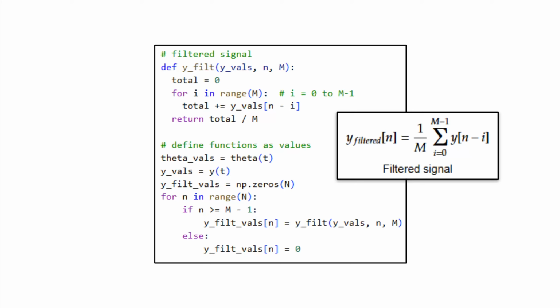If that value is negative, it's going to return an error because you can't have the negative sample of something. You can't have the negative second sample, can't have the negative third sample. That's not a thing. You can only have the first, second, third sample, and so on. So if n is bigger than i, that works fine, but if n is less than i, that's going to return an error. That's why I have if n is greater than or equal to m minus 1, which is the biggest i value, it's going to work like normal, but if anything else, it's just going to return a 0 to avoid an error.